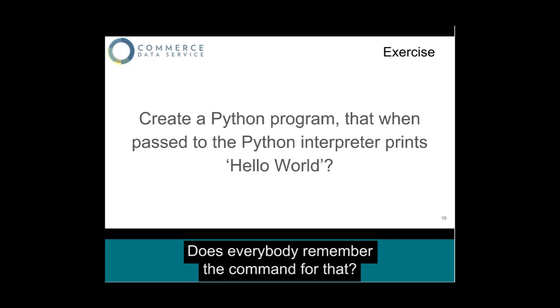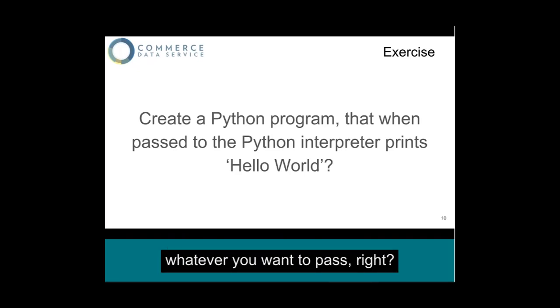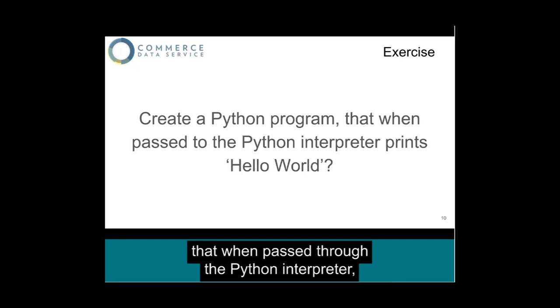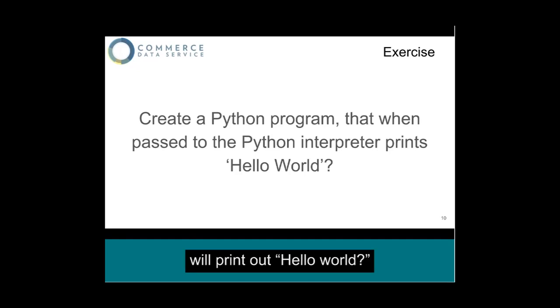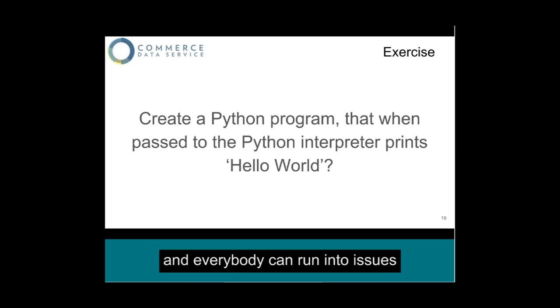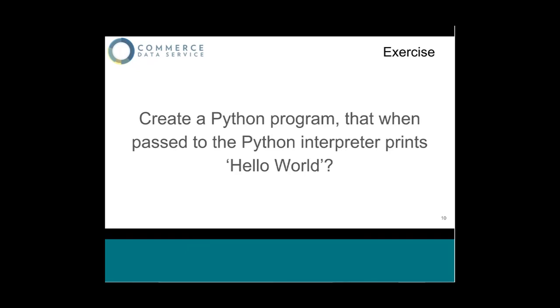Does everybody remember the command for that? It's print whatever you want, the string. So in quotation, print space, quotation marks, whatever you want to pass, right? So can everybody create a Python program that when passed to the Python interpreter will print out hello world? So we're going to take a few minutes and everybody can try this. And if anybody runs into issues, they can just ask, either in WebEx or in person.